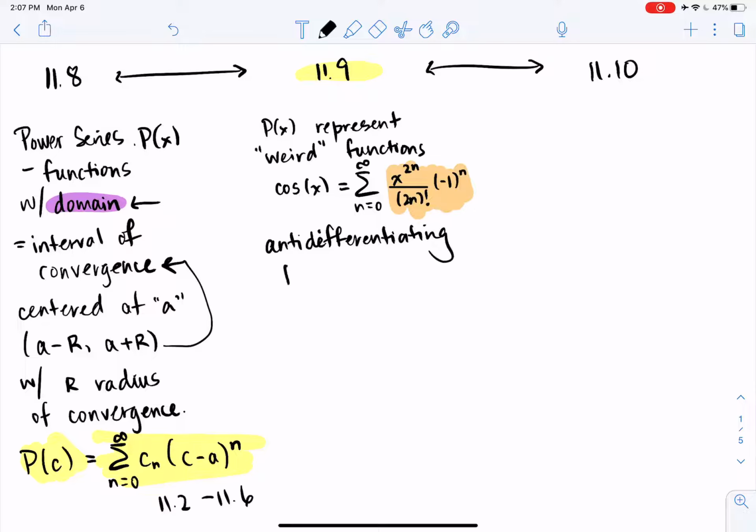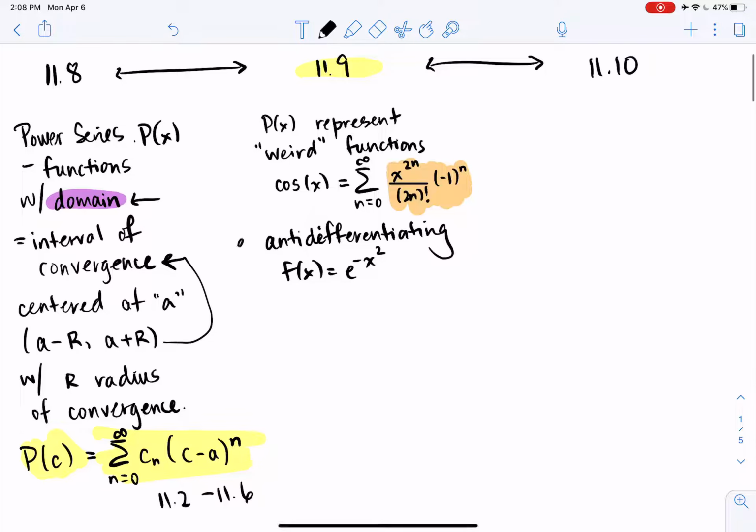Say this function. This function showed up on your 7.7 worksheet where we were using Simpson's rule to try to understand this function's antiderivative as an area, and we felt that even despite having all of these integration techniques, we could not integrate this function. We did not have a rule that would integrate e to the negative x squared.